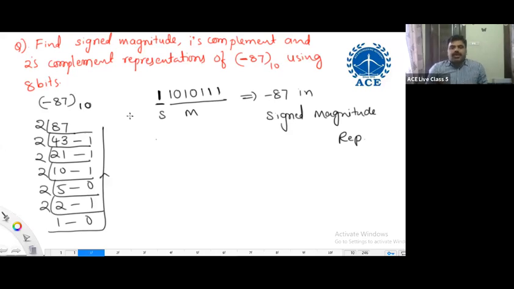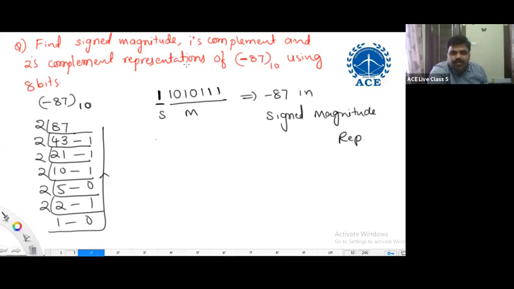What is the question? I need to represent minus 87 decimal using 8 bits. The first one we have done: sign plus magnitude. We have represented the sign with 1 because it is a negative number.